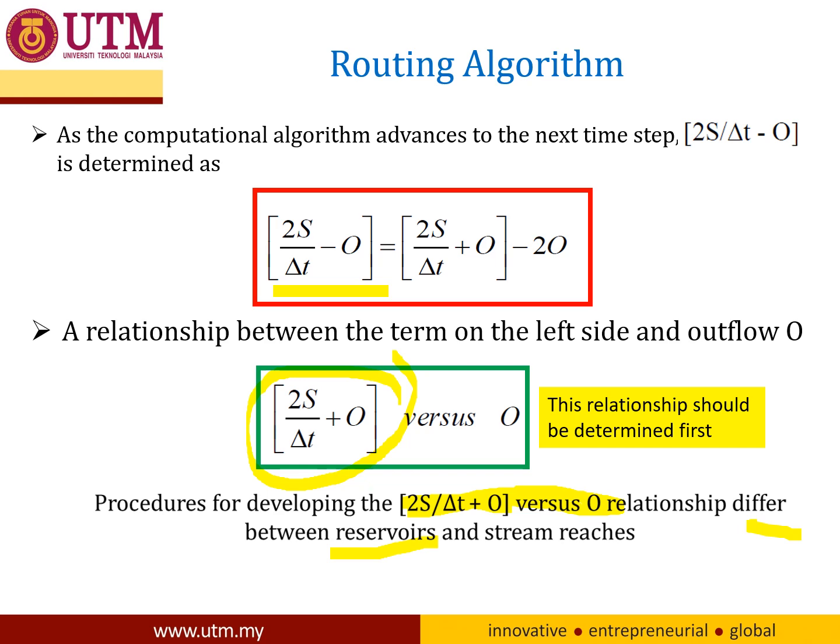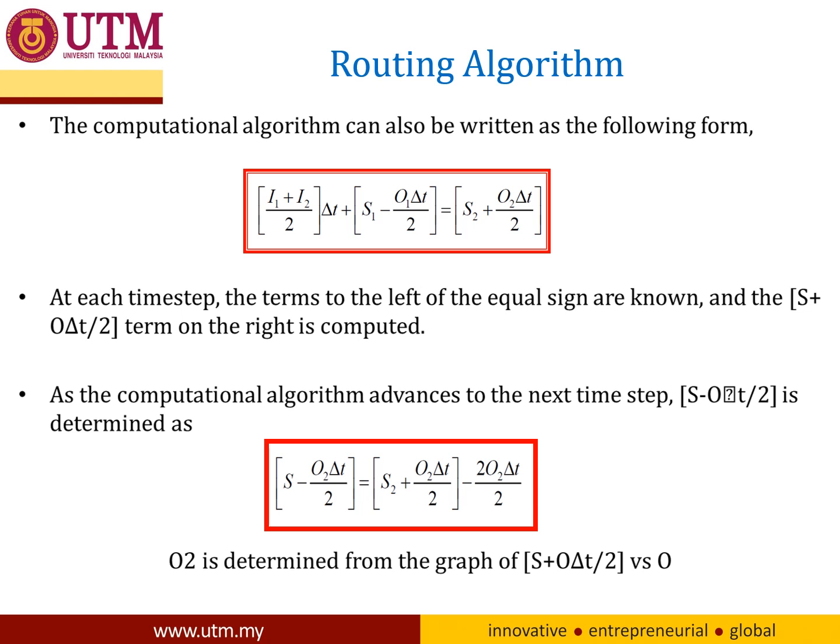The relationship differs. For the time step, we might also use this kind of formula. It's actually the same basic formula, just a rearrangement of the formula. You might not see this yet, but when we do the example, you can see the relationship here.